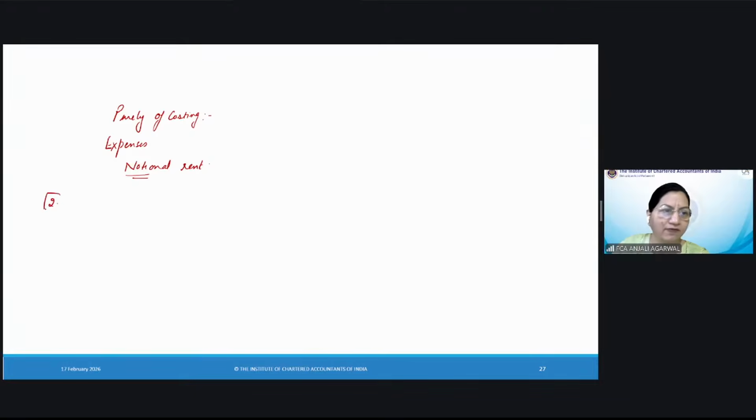Second is, we have very well seen so far how we value the stocks. In costing, remember we have covered the material costing where we have seen that there are different bases by which you measure your stocks.